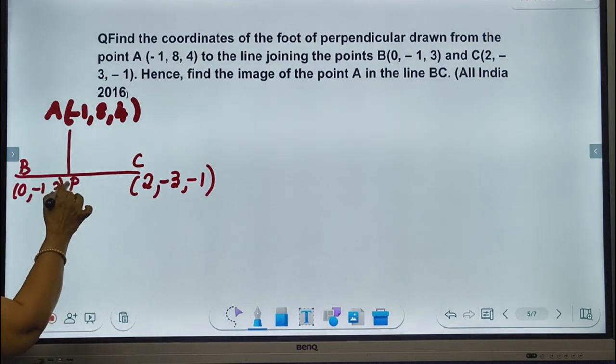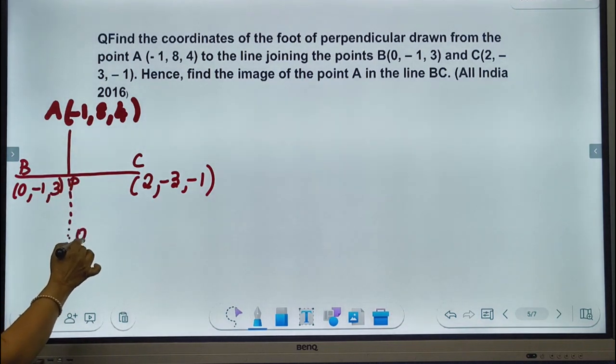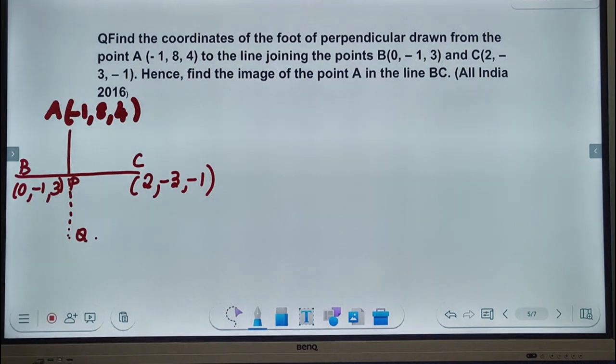Let P be the foot of the perpendicular and later on let Q be the image. If Q is the image, P is the midpoint of AQ. So our first step is to find the coordinates of P.